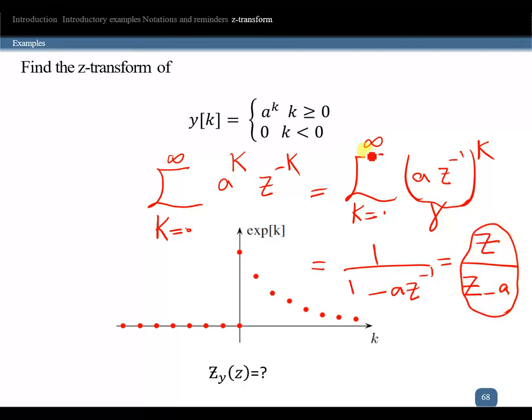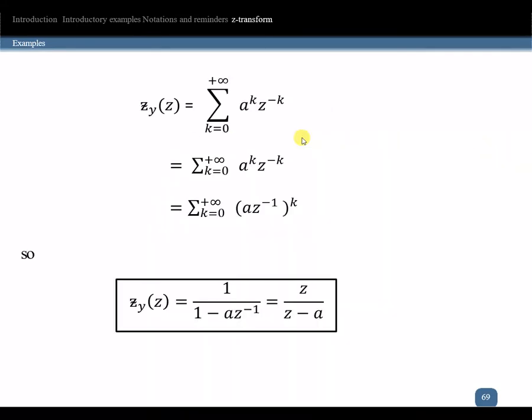This is the z transform of this signal. And if you see here, they put the same thing here, it becomes lambda, and after that the answer becomes 1 over 1 minus lambda, and they find z over z minus a.